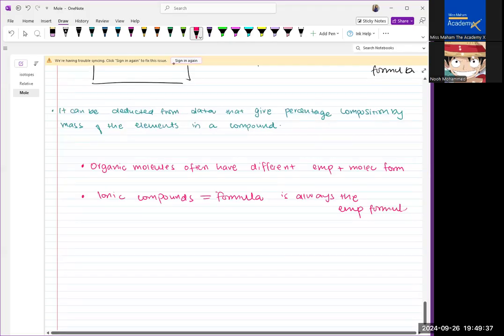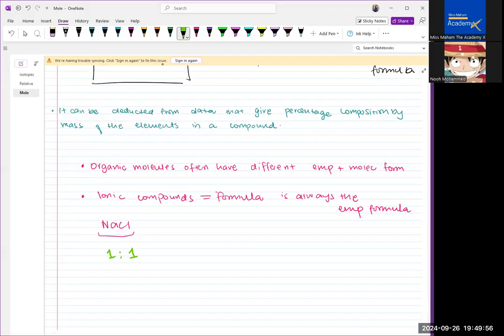For example, an ionic compound can be NaCl. Here your molecular formula is also your empirical formula. How? Because you cannot reduce it further, right? Na to Cl is a 1:1 ratio. You can't reduce this ratio further. So your molecular formula here is also your empirical formula.